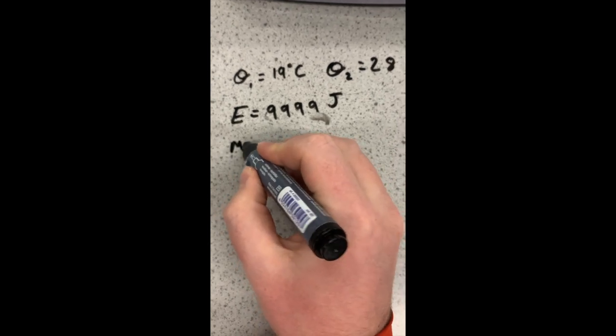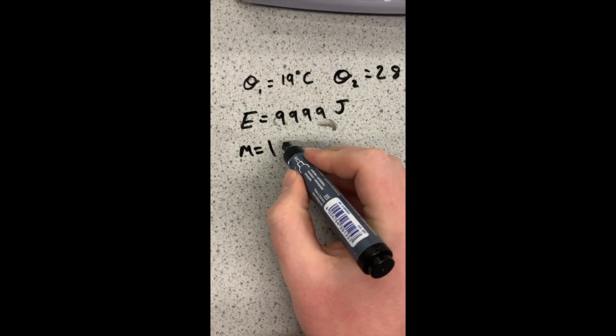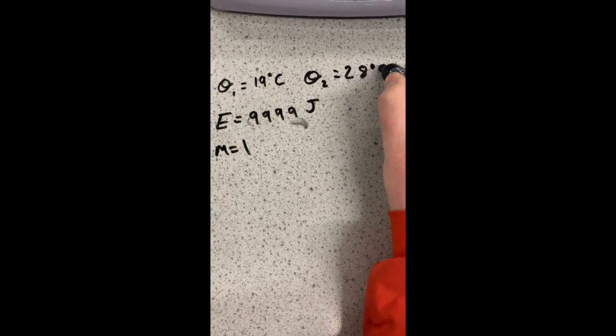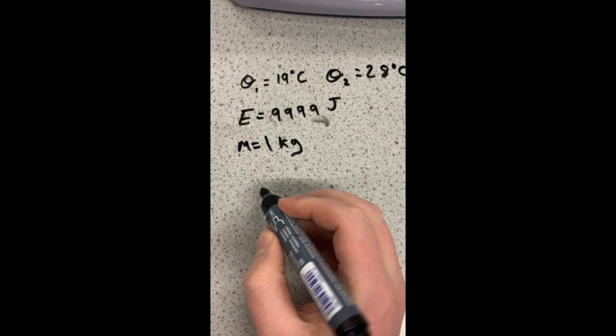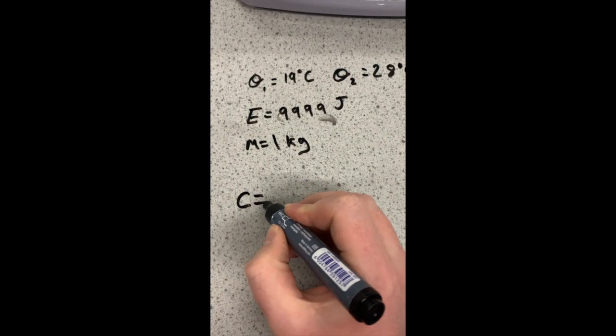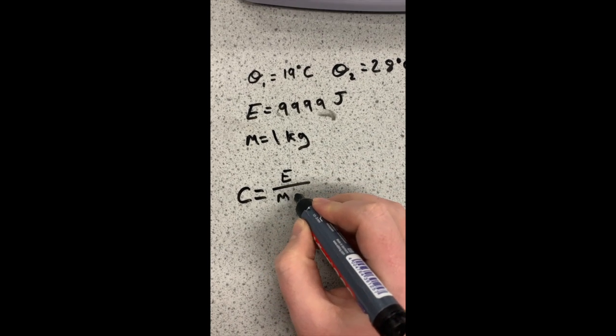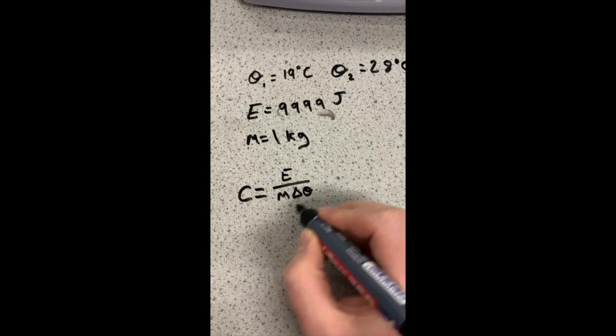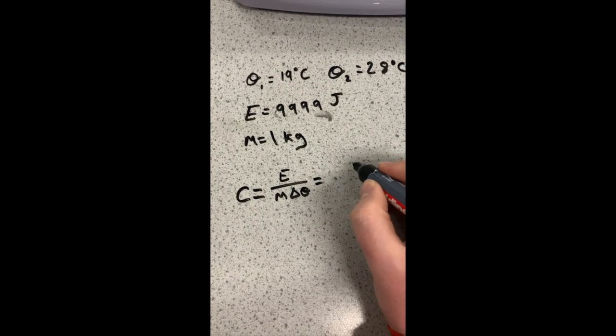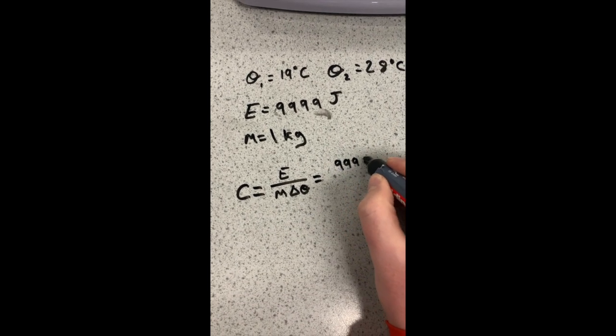So we've got these things. The mass, of course, was 1 kilogram that we measured earlier. Let's put units on this. So my formula that I derived earlier is specific heat capacity is energy divided by mass times change in temperature. So the energy that I had here was 9,999.